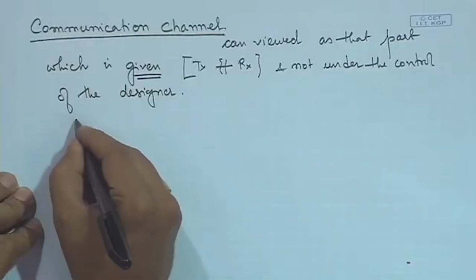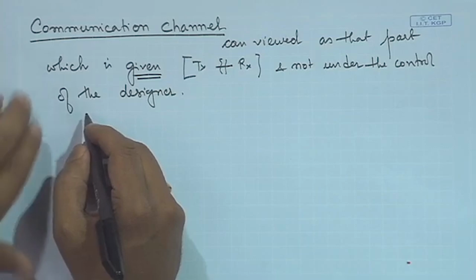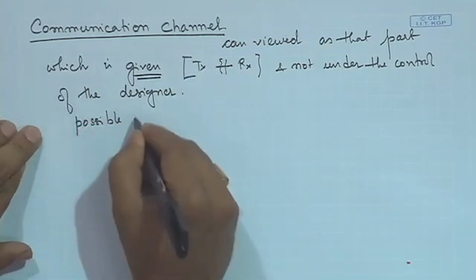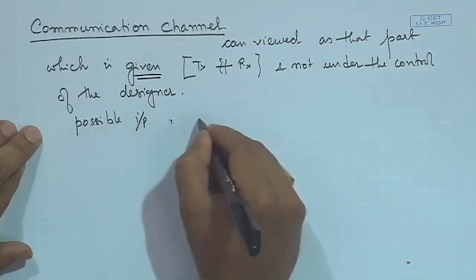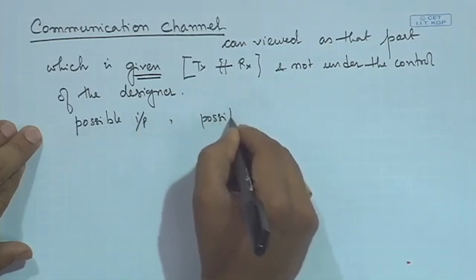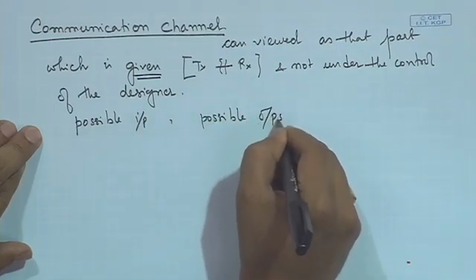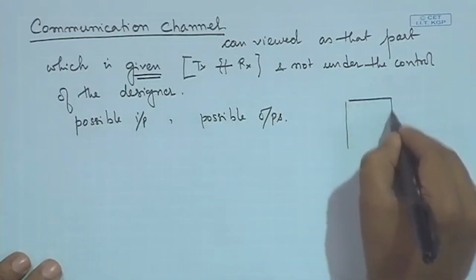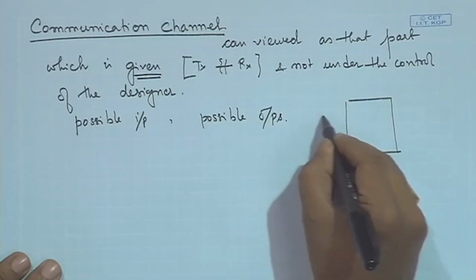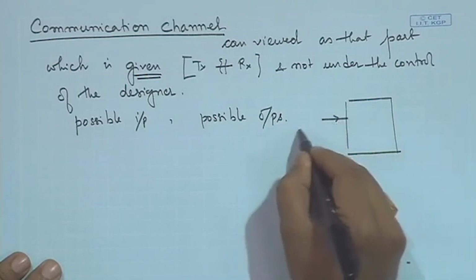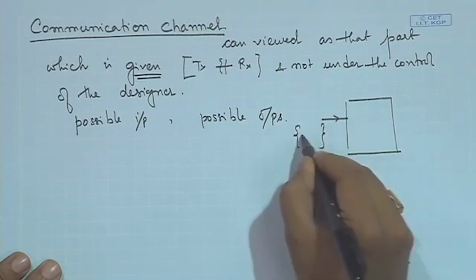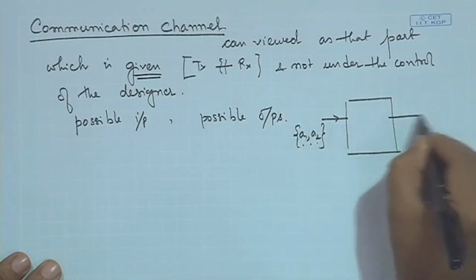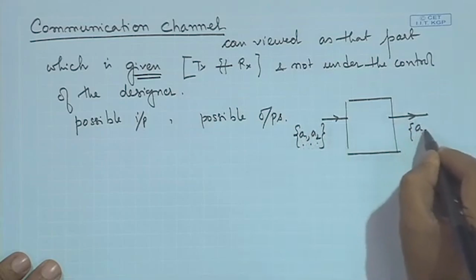we can think of the channel as a system which has a set of possible inputs and a set of possible outputs. So, this is the channel, there are a set of things which go in and something comes out from a set.